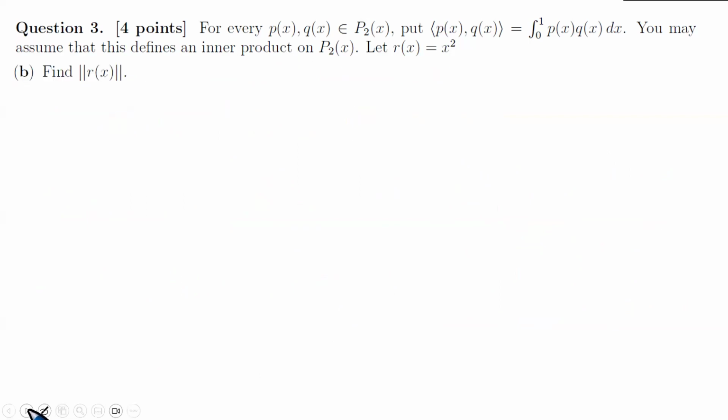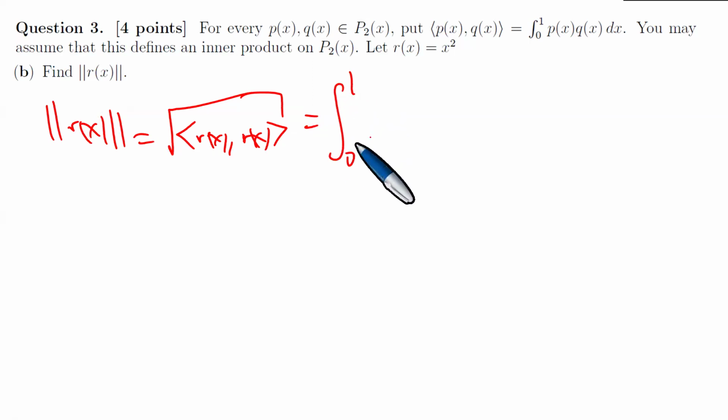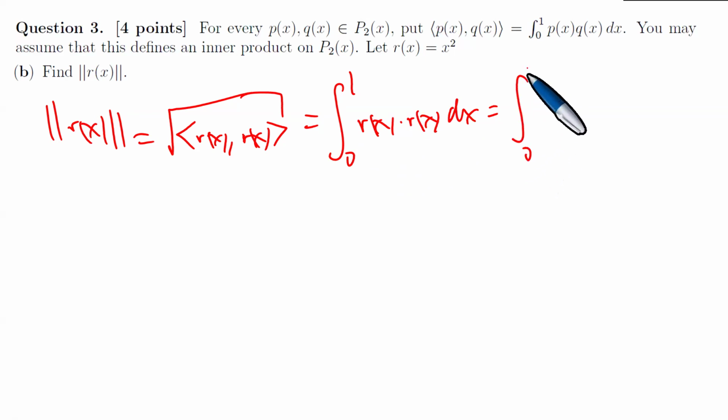Right, in part B, we need to find the length of R. We recall that the length of R is the same as the square root of the inner product of Rx with itself. According to this definition of the inner product, it is the integral of Rx times Rx dx.